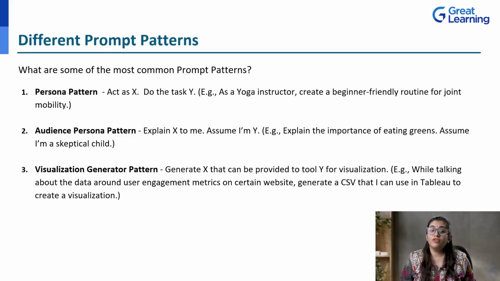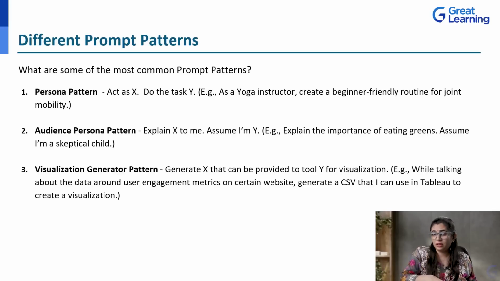Next is the visualization generator pattern. Now, I have a tool, and I want to generate data, for example, and provide that data to my tool. So it can be: generate X that can be provided to tool Y for visualization, for data analysis, for anything.